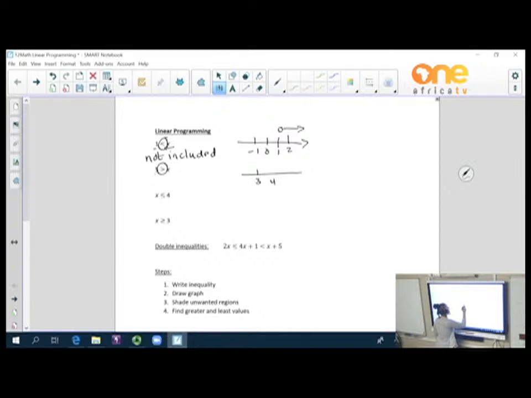So 3, 4, 5, it does not matter which numbers you decide to choose. 5 is not included because it's only a more than, so it's an open circle, and x will go to the smaller side because 5 is more than x.